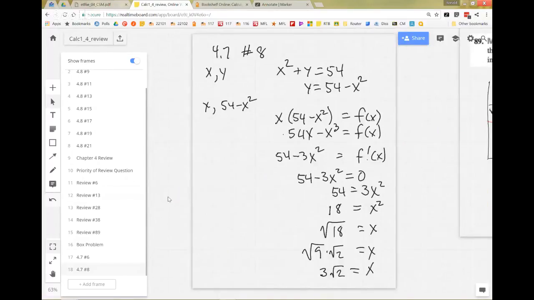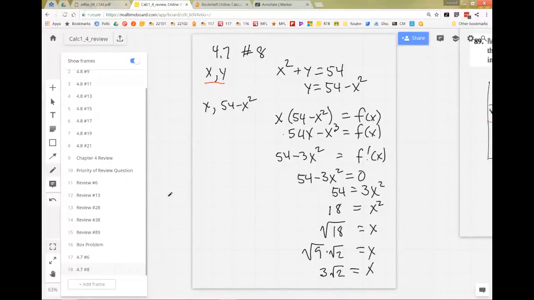So the first thing you know is that there are two numbers, and they're both positive. And I'm calling them generically X and Y. The sum of the first one squared plus the second, X squared plus Y, is 54.